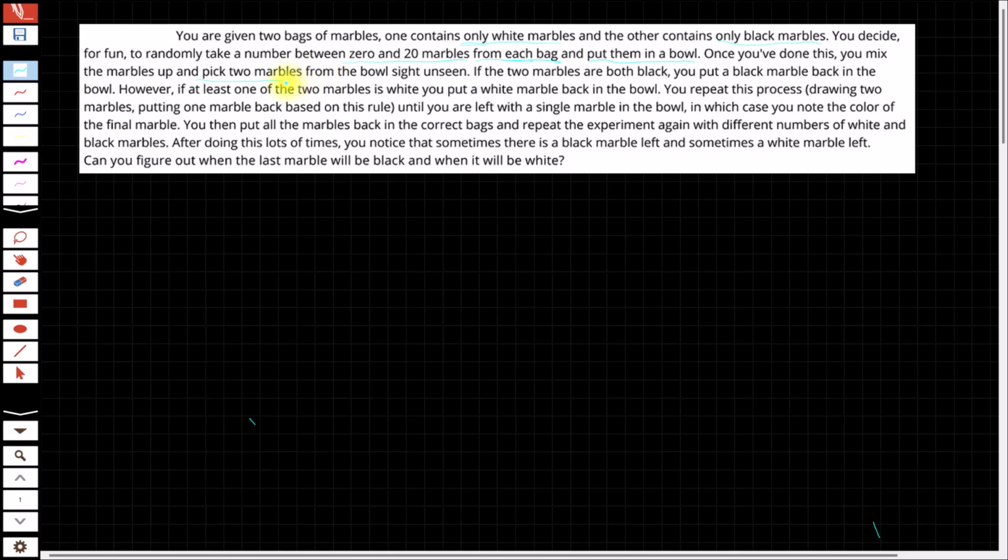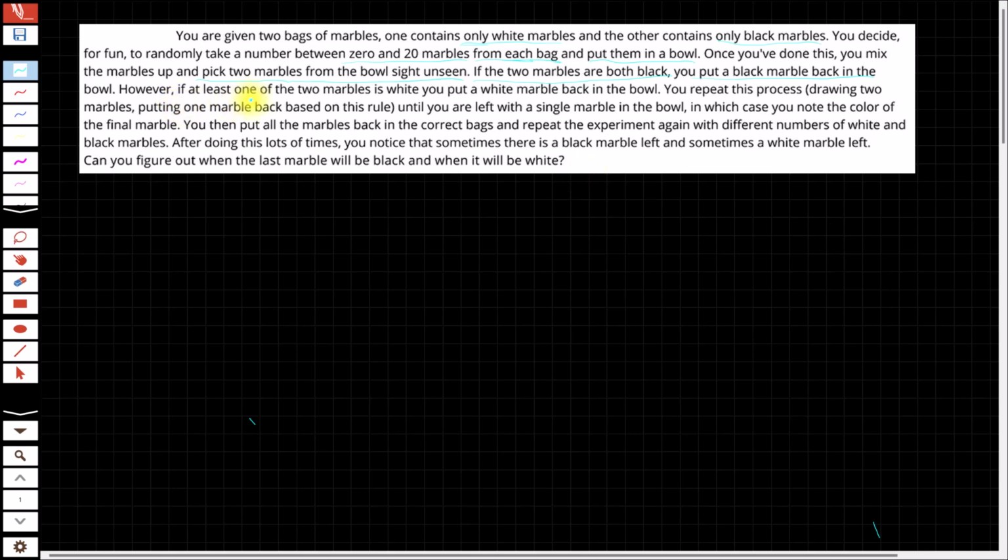from the bowl unseen. If the 2 marbles are both black, you put a black marble back in the bowl. So if we pick 2 marbles out of the bowl, we only put 1 marble back. So we're keeping that single marble out.